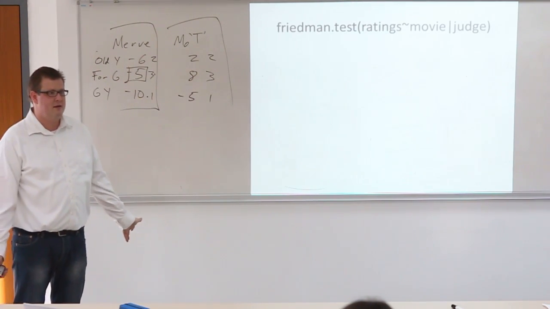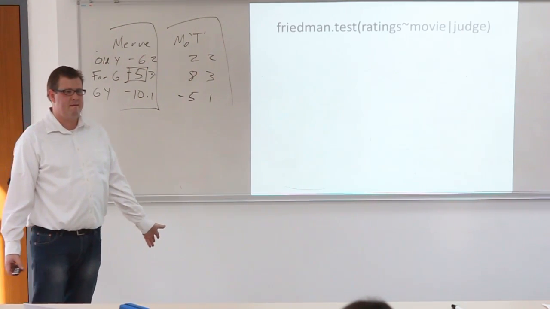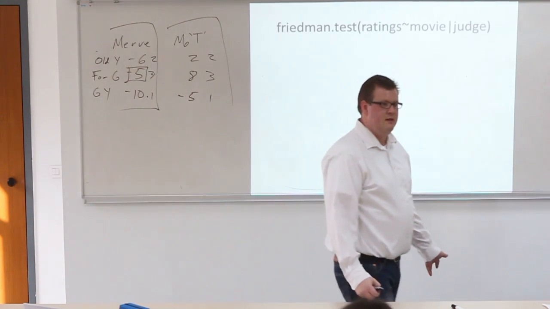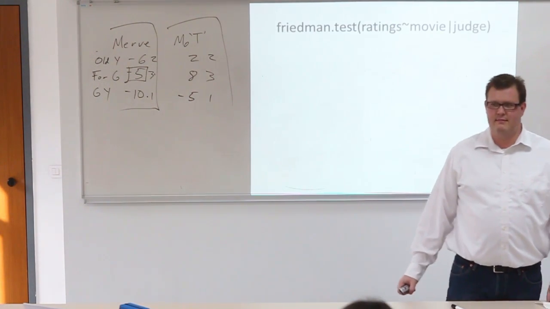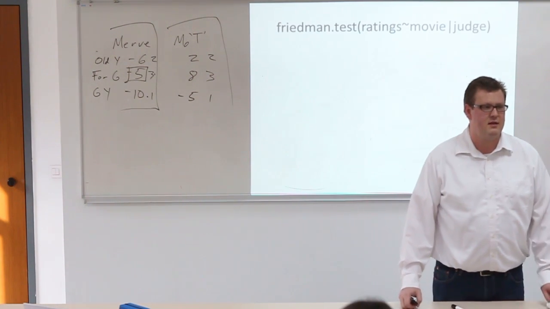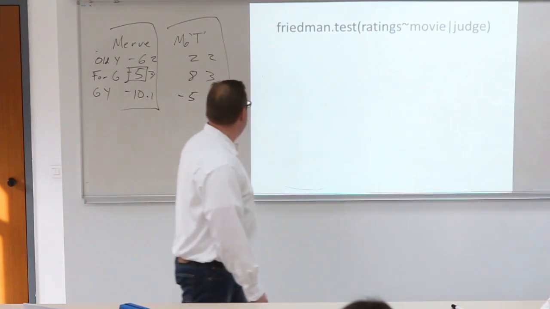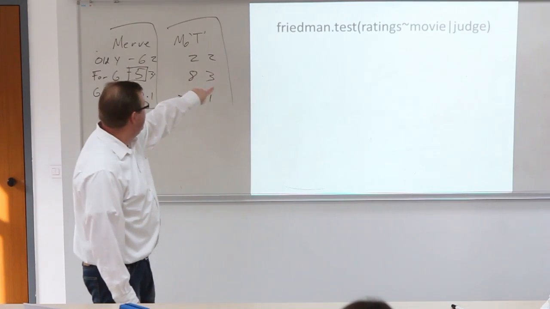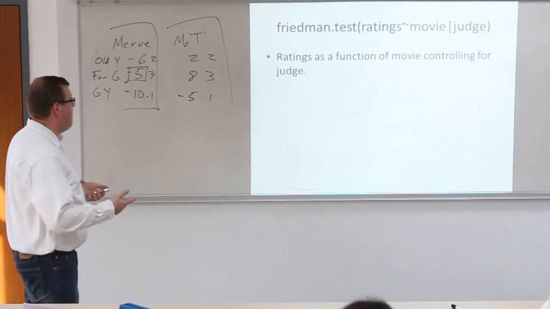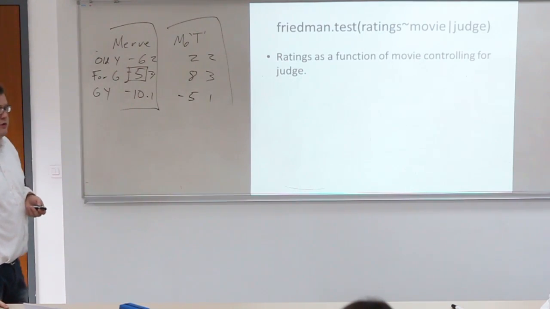Just read it like that. It's not nesting. Similar to, it's a bit different than. Ratings, movie, judge, and according to. So we're going to create ratings as a function of movie, controlling for judge.